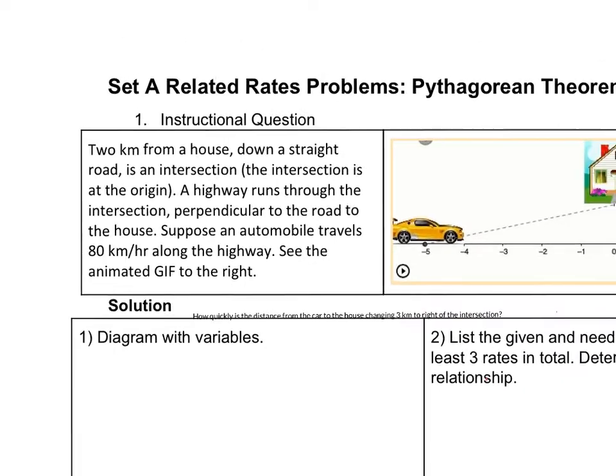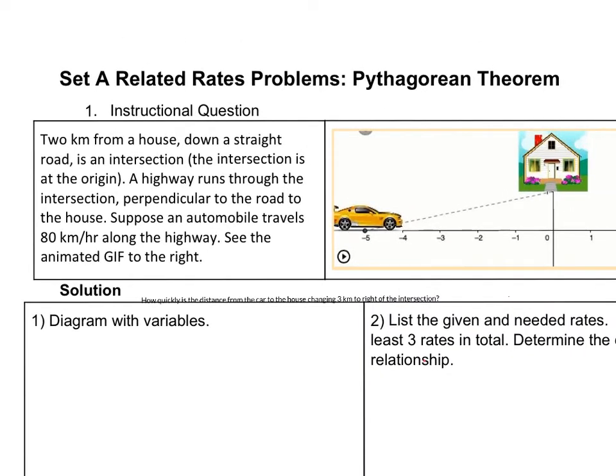So now we're going to work through this. And again, I really encourage you to print this out if you have a chance, and then you can fill this in as you go through it. The steps that we take for these related rates questions are always the same. What I'm working through right now is the first type of problem we're going to look at, the Pythagorean theorem. Once again, I'm doing these a little bit differently this year than I have in the past.